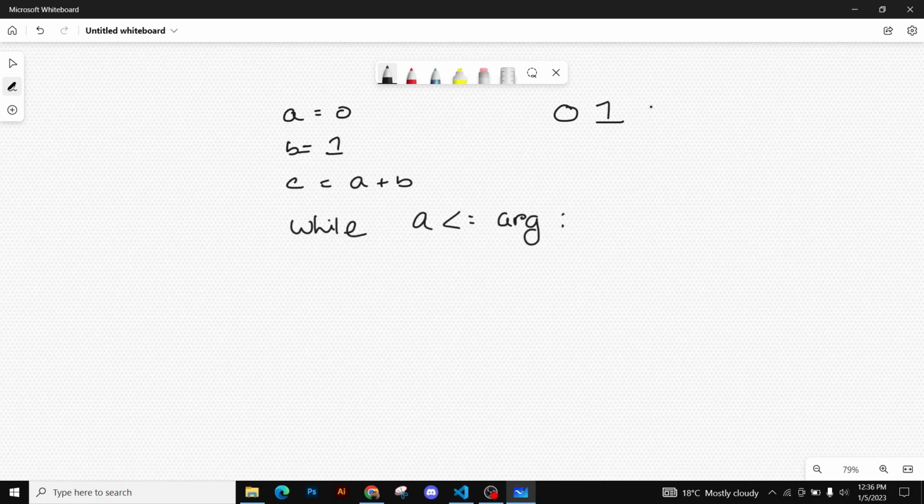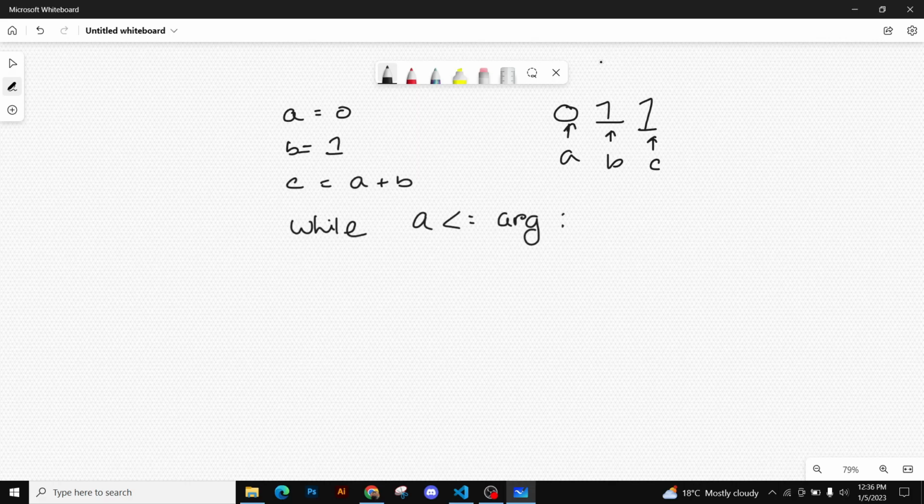Now, after finding the third digit, we find c, that was 1. This one was a, this one was b, and this one was c. Now if you want to find the next term, we have to add these two.